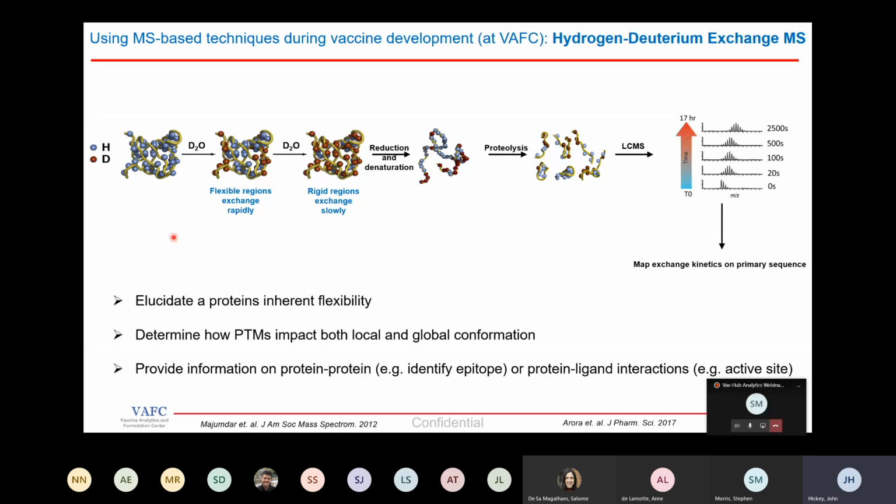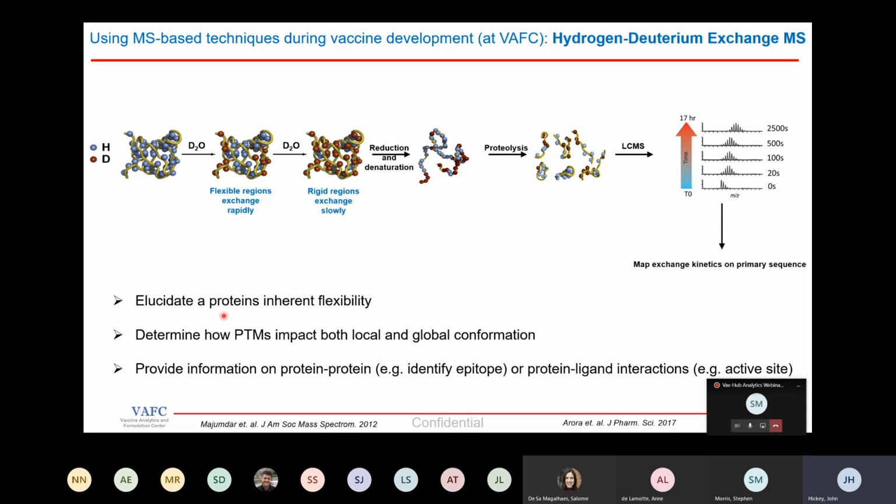And then finally, the third mass spectrometry-based technique we use in the lab is hydrogen deuterium exchange mass spectrometry. I'll go into a little bit more detail on this later, but basically, the way the technique works is you incubate the protein or protein mixture in deuterium, which exchanges rapidly in more flexible regions, more slowly in rigid regions, and then you use mass spectrometry to monitor this mass change as a function of time.